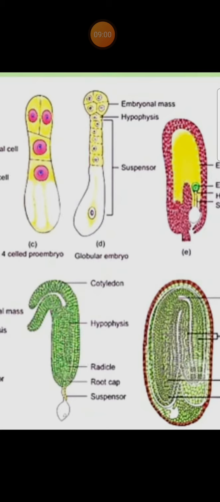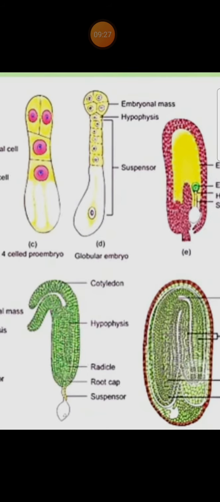The zygote was divided into two, pro-embryo stage. And from that pro-embryo stage, the filamentous suspensor cells, somewhere around 6 to 10 cells are formed, and the suspensor cell will move and it will actually push the embryo towards the endosperm. That's why it goes high. It goes tall and tall.